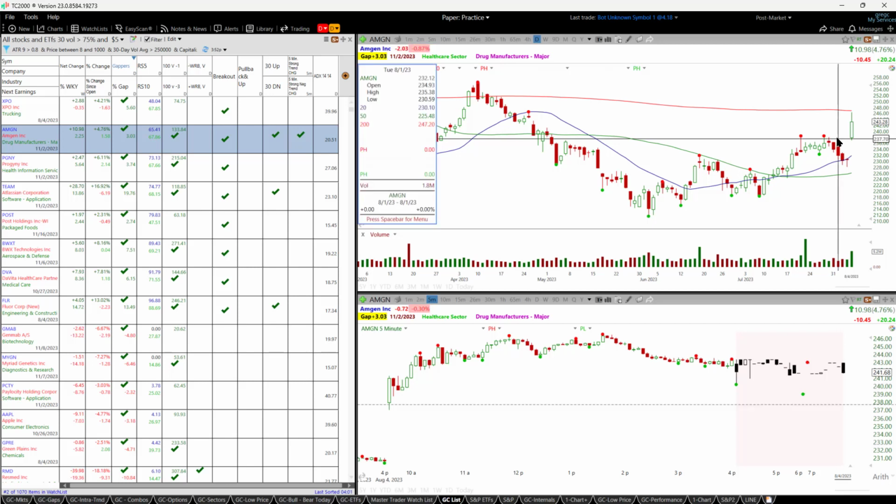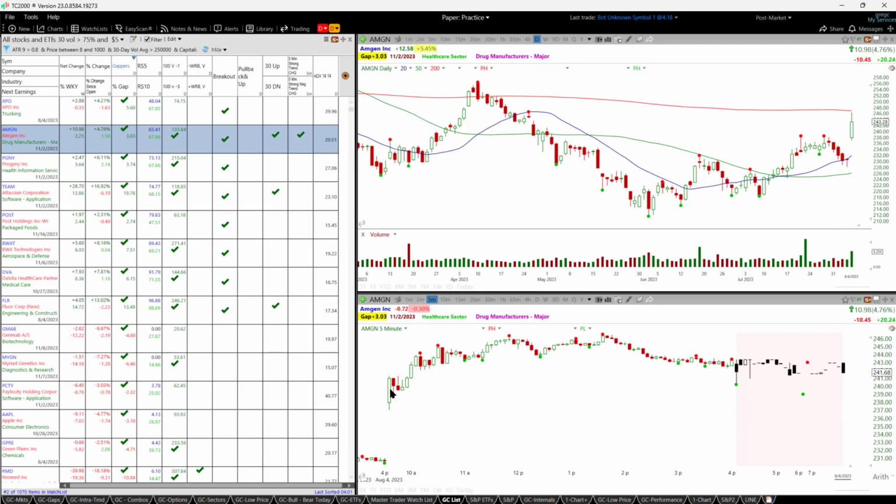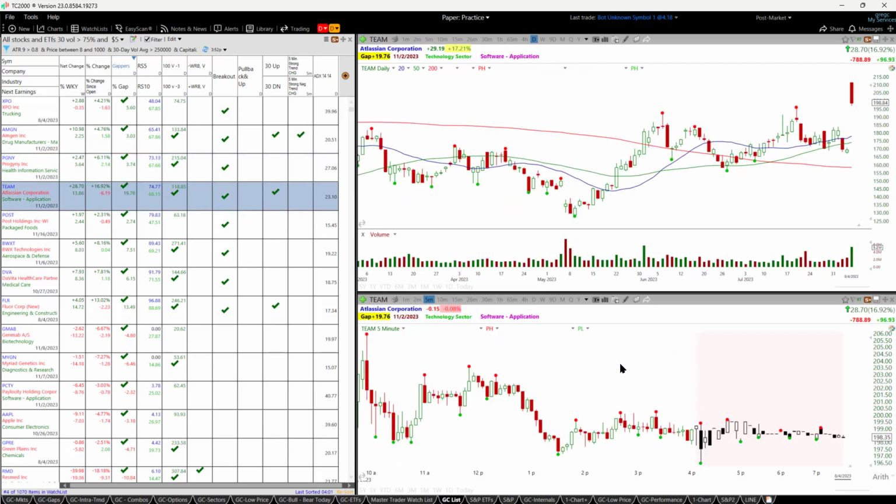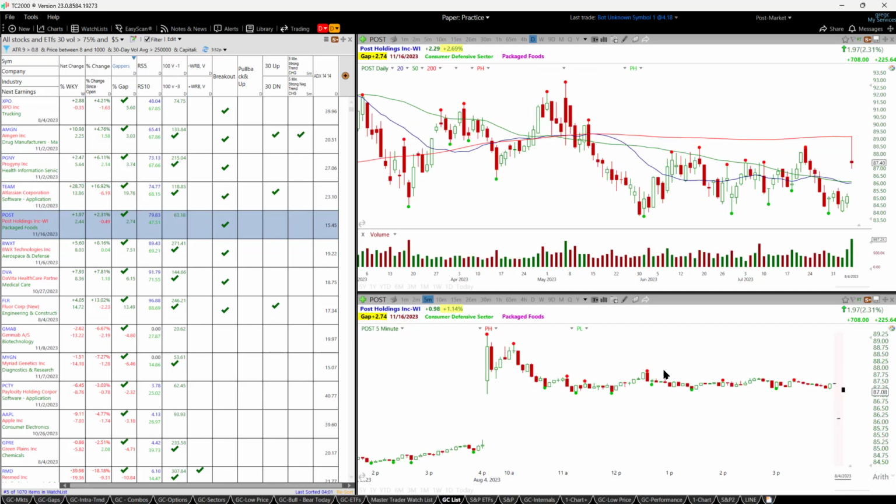It gapped above this resistance, wide range bar up, a little pullback here, and it gets going again. So we can generate ideas for day trading. This one just took off here in the afternoon. This one moved higher. Sometimes you have setups that move first thing in the morning. Sometimes they play out in the latter part of the day.